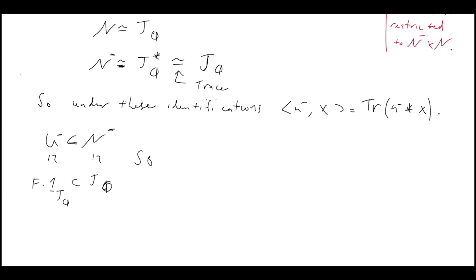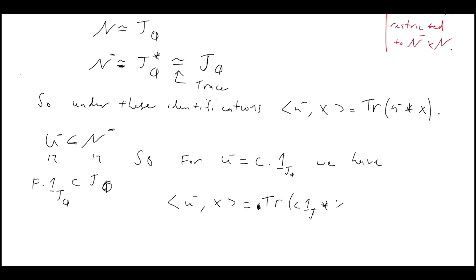So for U minus, which let me write as c times that identity element, we have the following. U minus paired with X is going to be the same as the trace. I'll do it in 2 steps. This is going to be the trace of c times the identity times X. And this is just c times the trace of X.